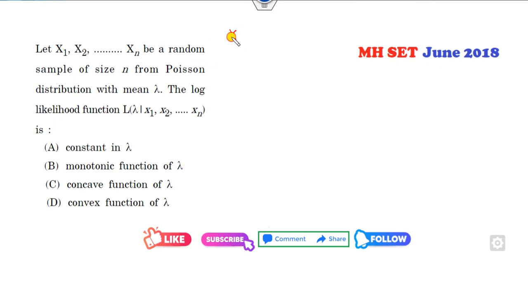Okay, next one: Xi's follow the Poisson distribution with parameter lambda. Then the log likelihood function. Can you write the PDF of this? e raised to power minus lambda, lambda raised to power x over x factorial.